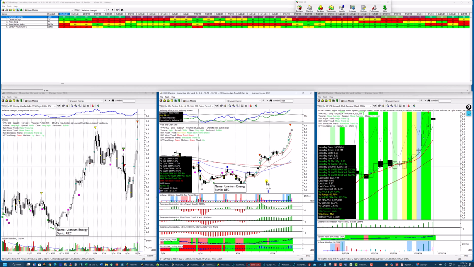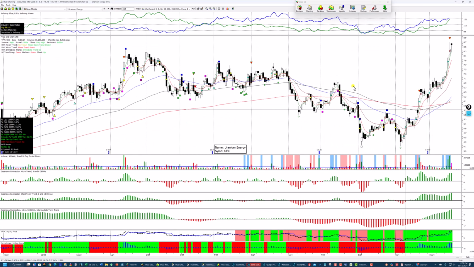Now I'll bring this one up, and then I'm going to go back to the other one. This one passed the screen because here's the 200, here's the 100, here's the 50, and here's the 18. So the fan is up. These have to be stacked in that order.